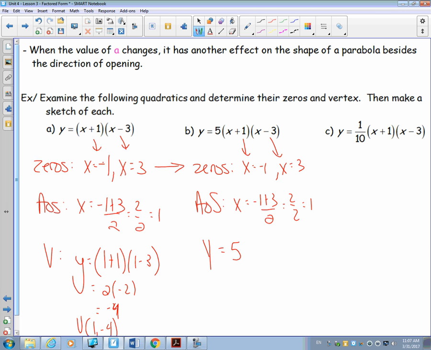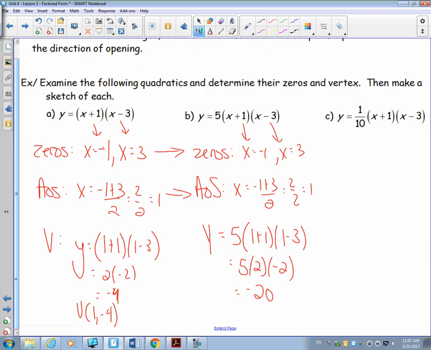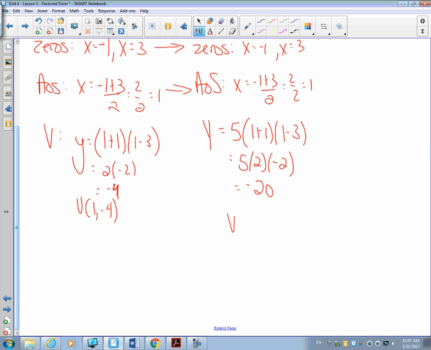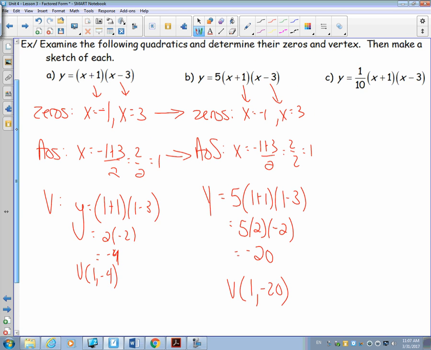Same zeros, same axis, but something different is going to happen to the vertex this time, because I have to multiply that by 5. So 5 times 2 times -2, that comes out to -20. So my vertex used to be at 1 and -4, but by changing my A value, now it's at 1 and -20.